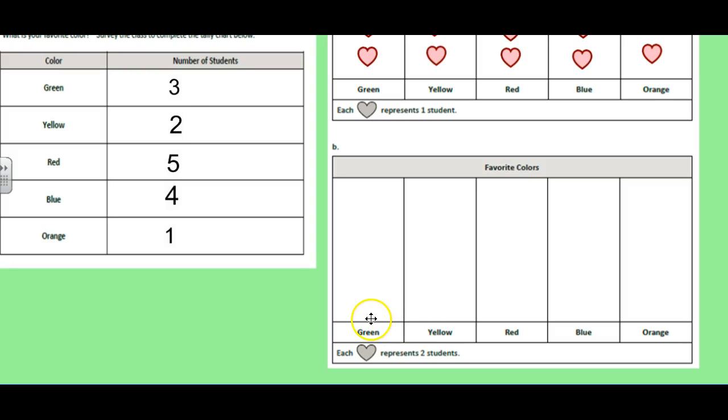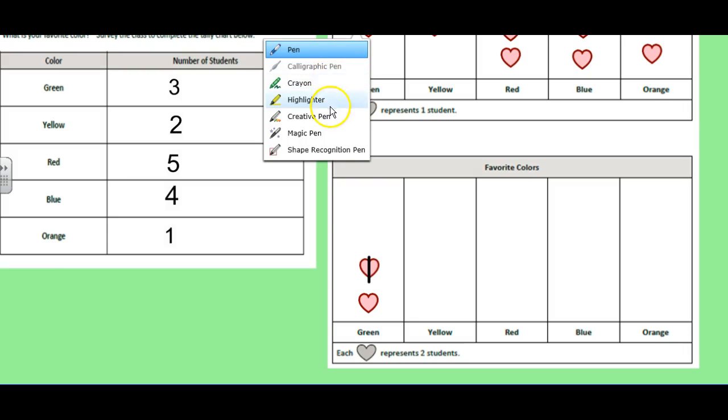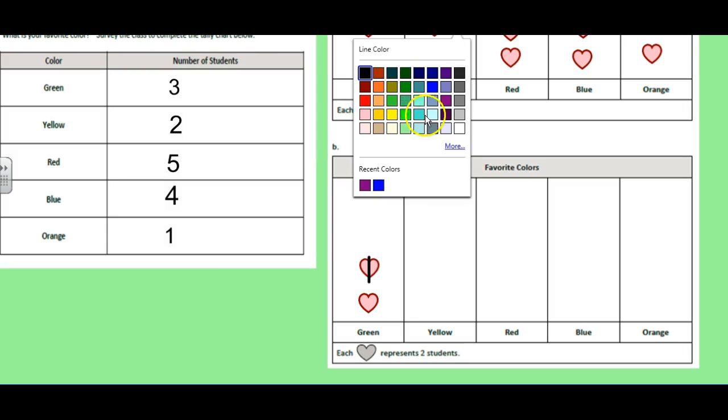So whenever I'm looking at green, I see that I had 3 students that chose that. So I'm going to take a heart away from my chart at the top, and then I'm going to take another heart, but I'm kind of going to just draw a line right down the middle of it to make it a half of a heart. And then I'm just going to have to put white over mine since I don't have a way to erase the heart.